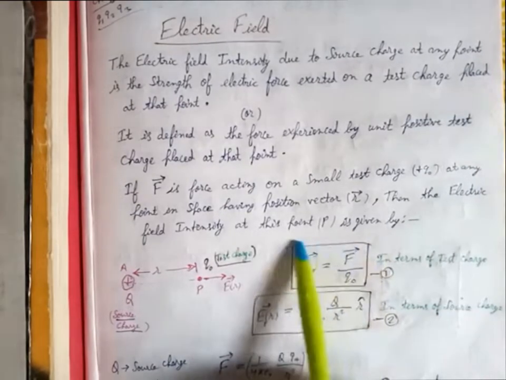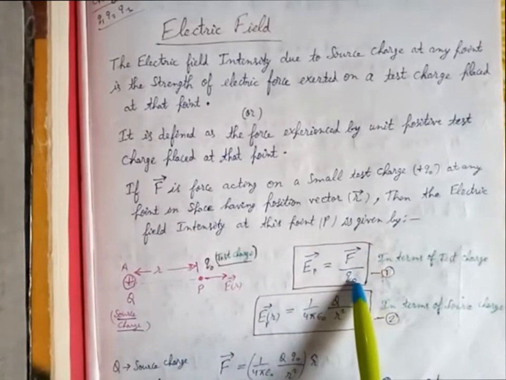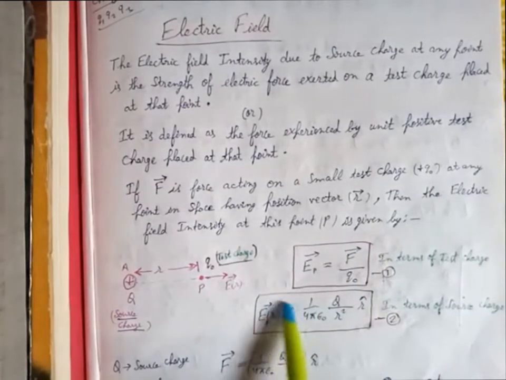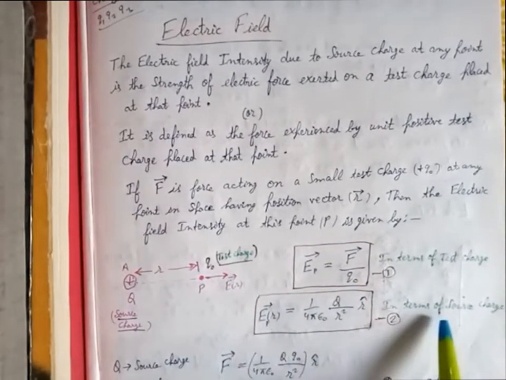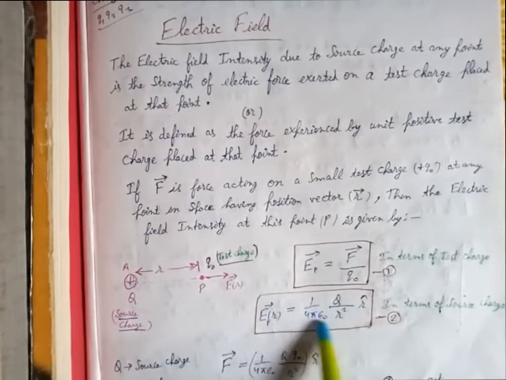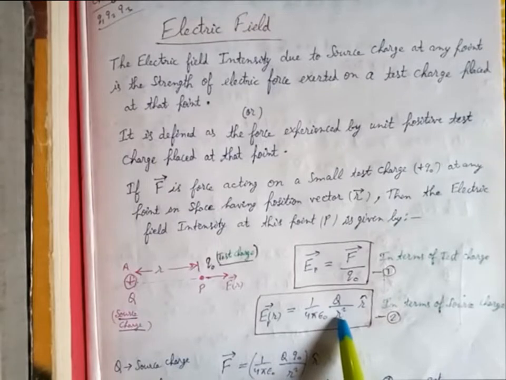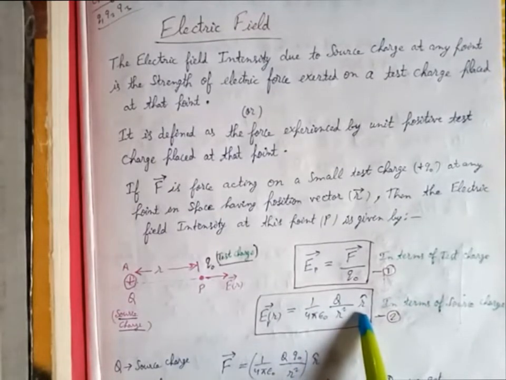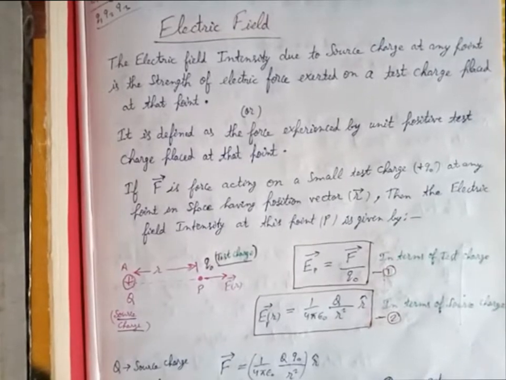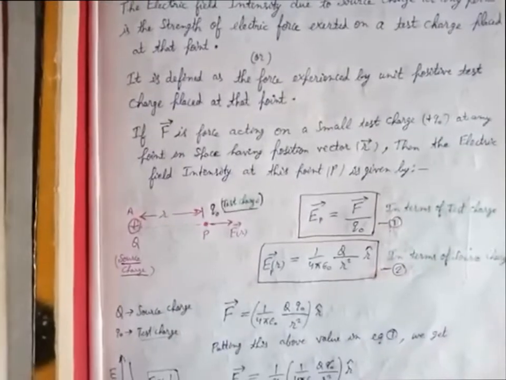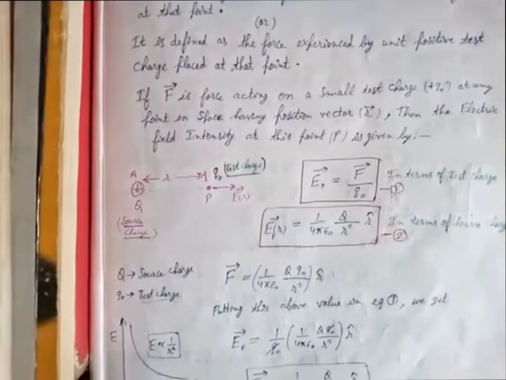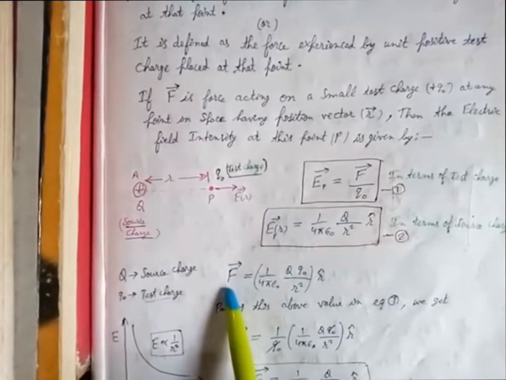This is the value of the electric field in terms of test charge, and the electric field EP in terms of source charge will be 1 by 4 pi epsilon naught, Q by R square, capital Q by R square, along the direction of R cap unit vector. We can find out this term by having the electrostatic force.